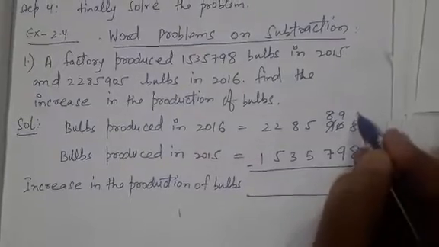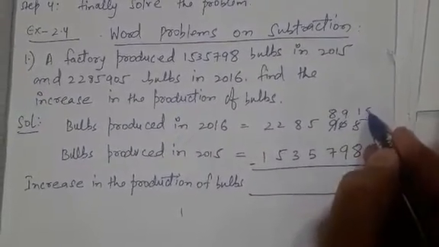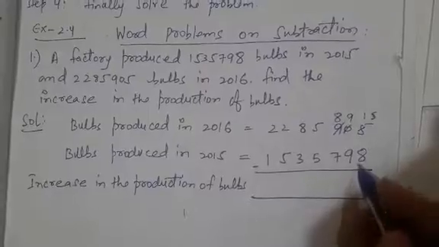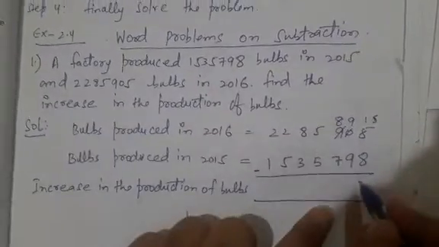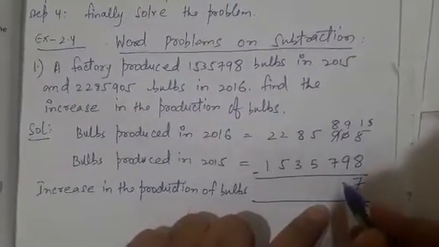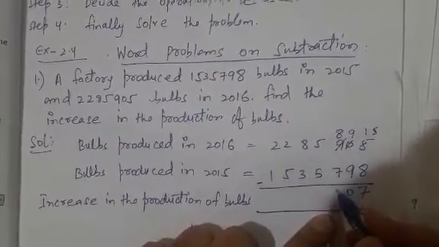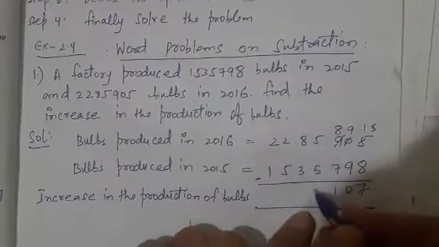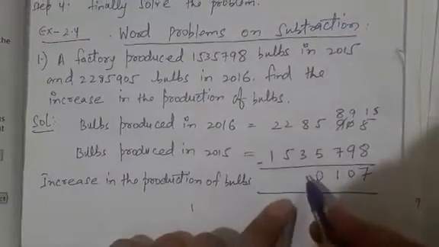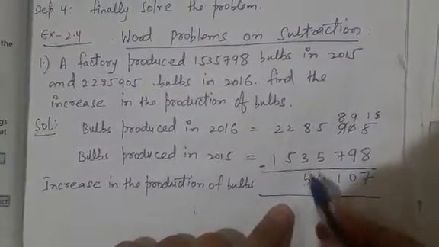And 5 will become 15. 15 minus 8, 7. 9 minus 9, 0. 8 minus 7, 1. 5 minus 5, 0.